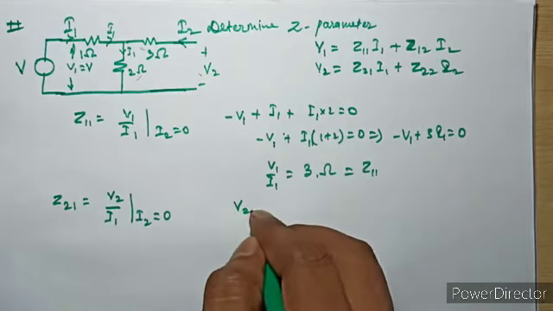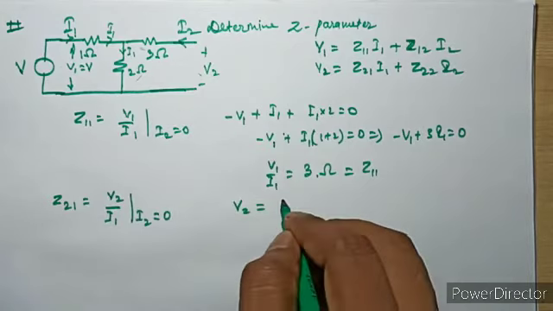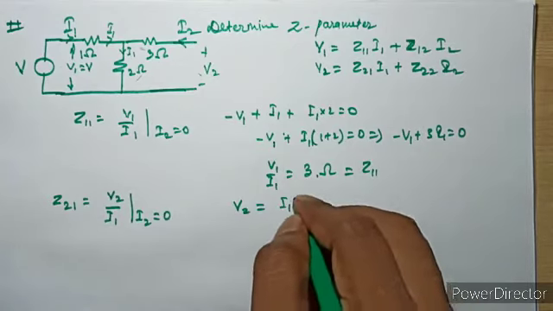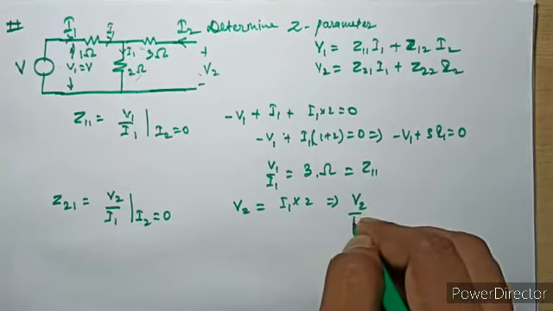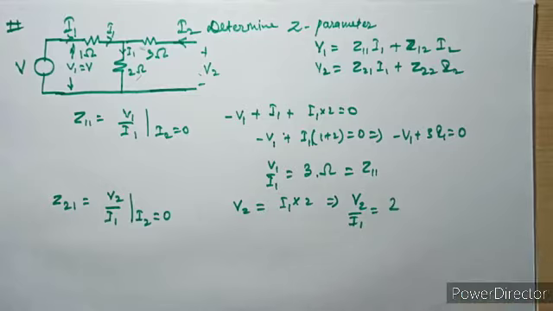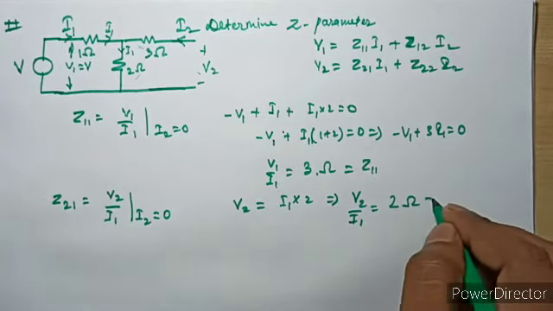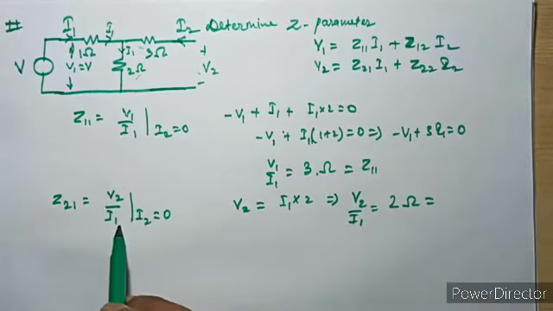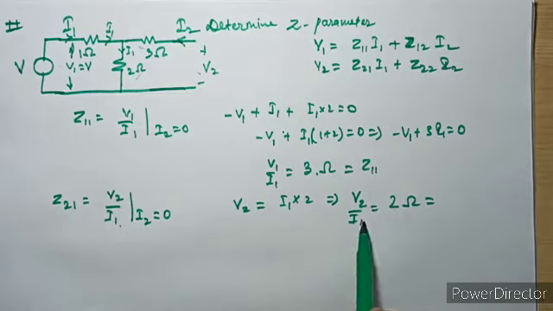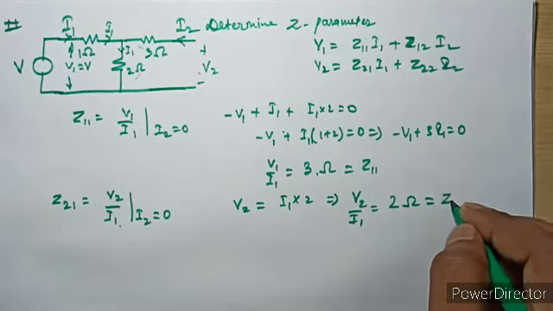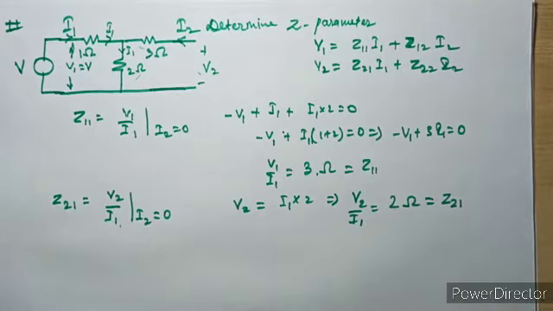So our V2 will be nothing but I1 into 2. So V2 by I1 will be what? 2 ohm, which we got by making I2 0. So V2 by I1 will be 2, which is nothing but our Z21, right?